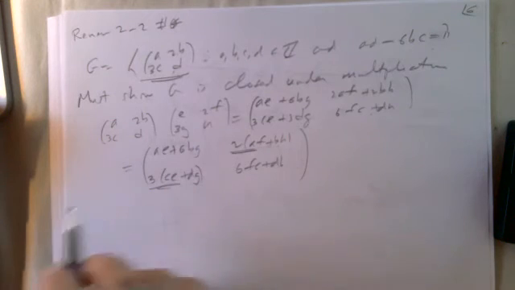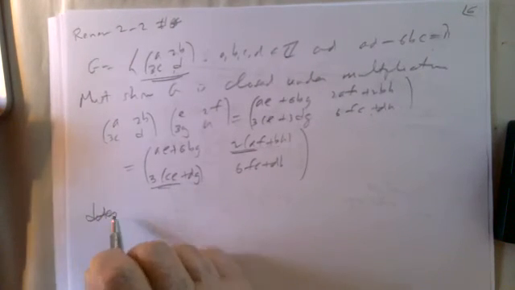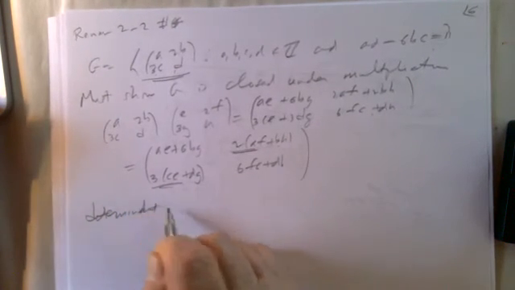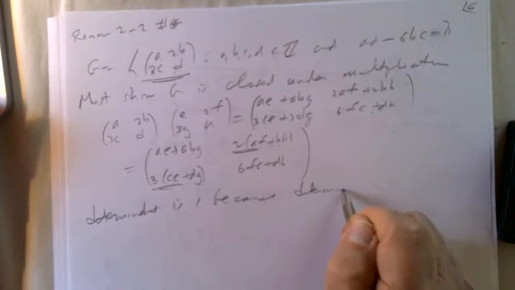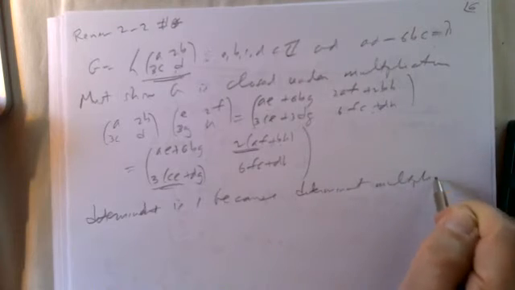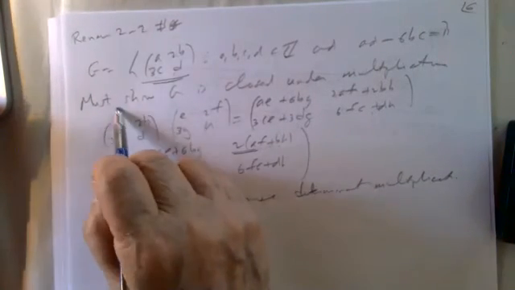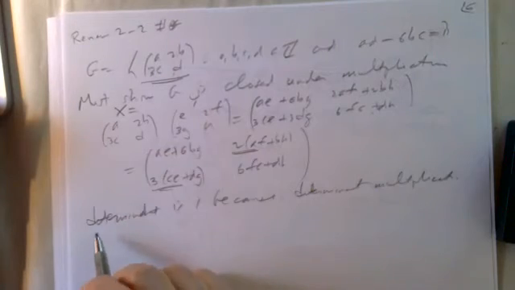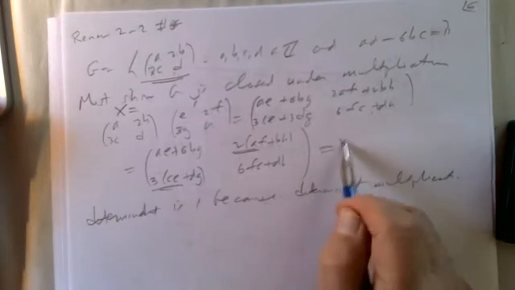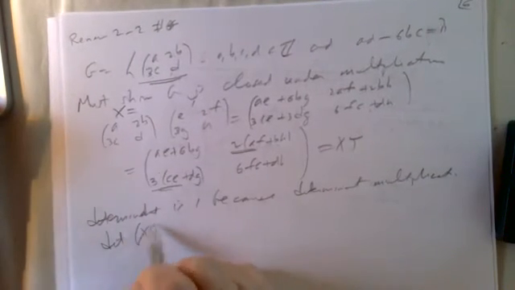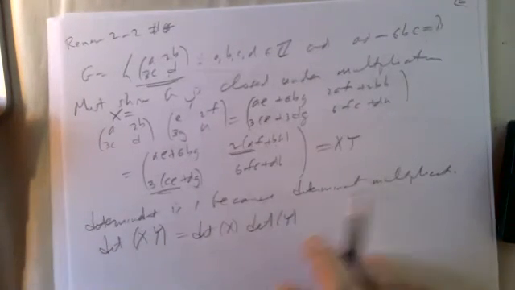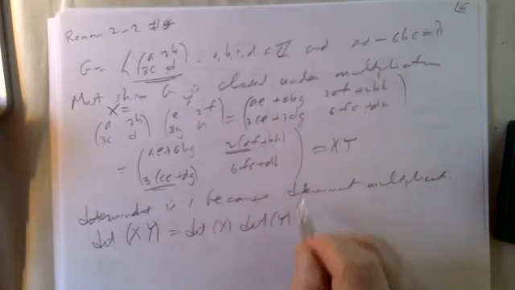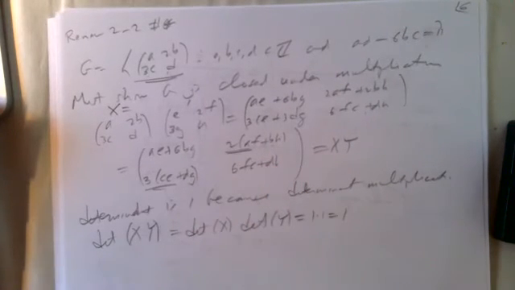The determinant is 1 because the determinant is multiplicative. If we call this matrix X and this matrix Y, this is the product XY. The determinant of XY is always the determinant of X times the determinant of Y. And if these are in the set, this is 1 times 1, which is 1. So that proves that this is closed under multiplication.